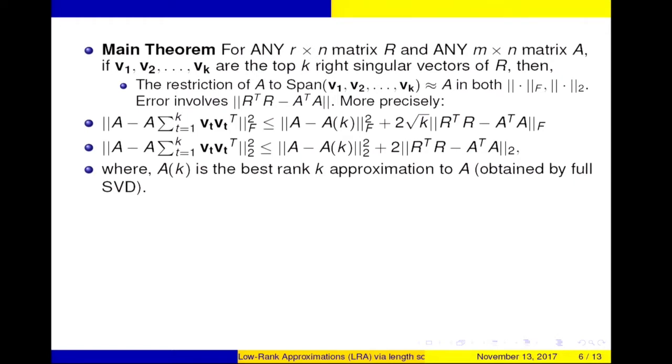Okay, so that's statement number one. Also in spectral norm, this is the best possible, because again, SVD was the best you could do in spectral norm, and the error does not have a root K. It has just the spectral norm there also. Not Frobenius, but spectral. So both of these are spectral norms in this case.